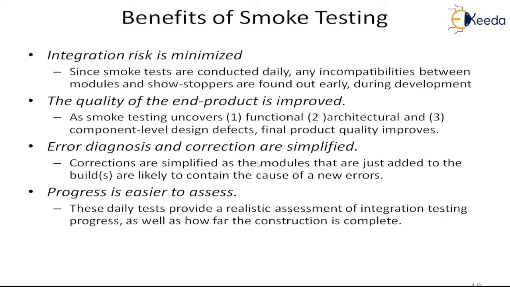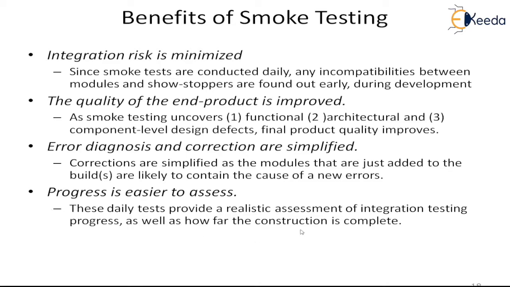Early diagnosis and corrections are simplified, which is one good thing. As and when you are adding the modules, you know where to find the cause of the error. So diagnosis, debugging, and finding the root cause is very easy, and you can correct errors in a very easy manner. And the progress is easier to assess because this is in the construction phase.